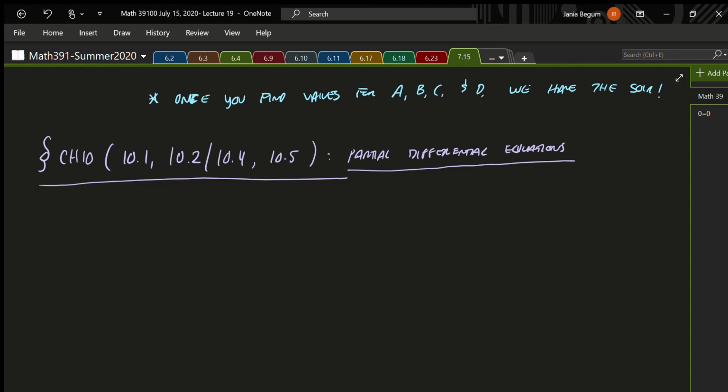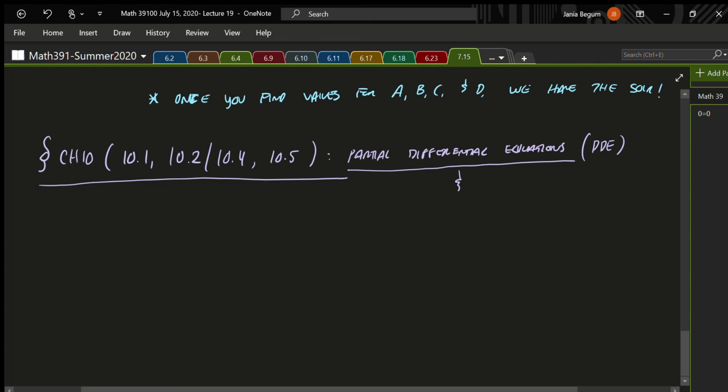Now we're actually going to talk about them just a little bit more, but not too much, just enough. This course is mostly about ODEs, not PDEs, so we study very little of PDEs. It's called PDE for partial differential equations, and we're going to talk about Fourier series.